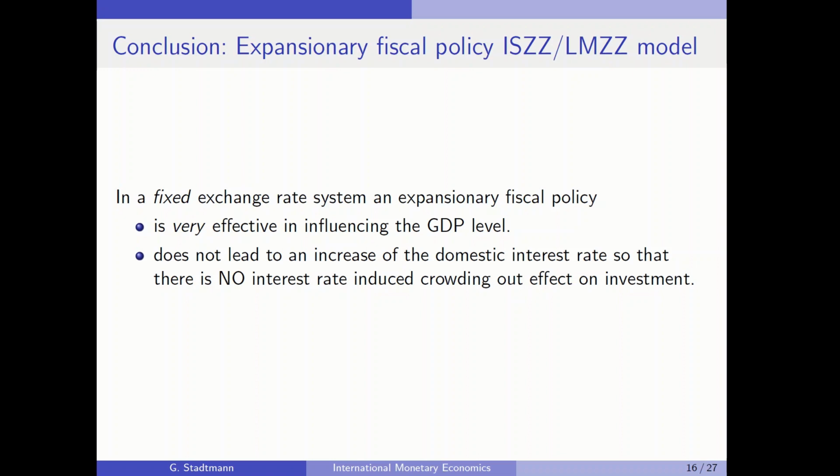So the domestic interest rate is still constant. We know that from equation 3, R is equal to R star. The foreign interest rate has not changed, and therefore also the domestic interest rate has not changed. No exchange rate induced crowding out effect.